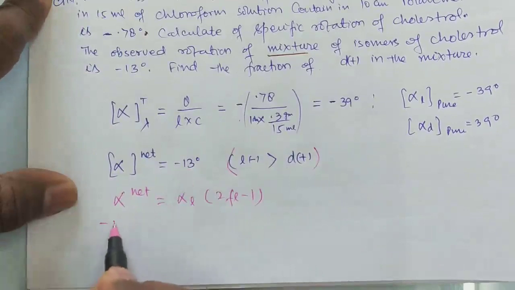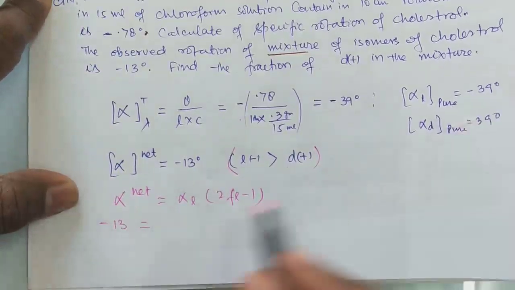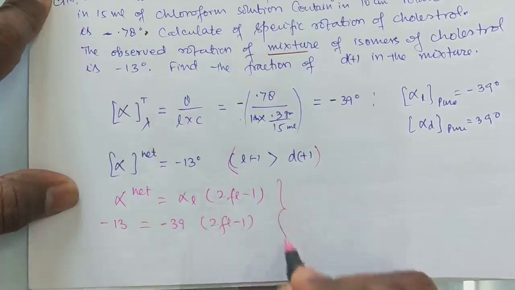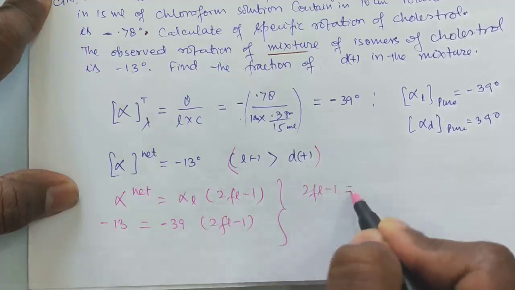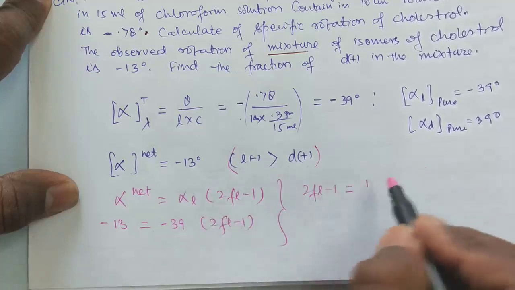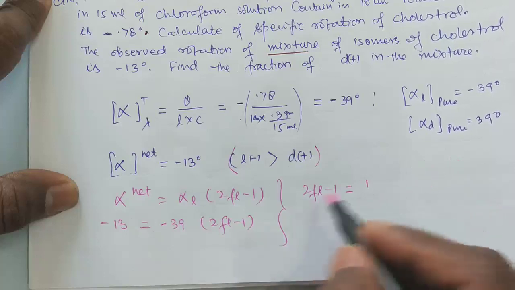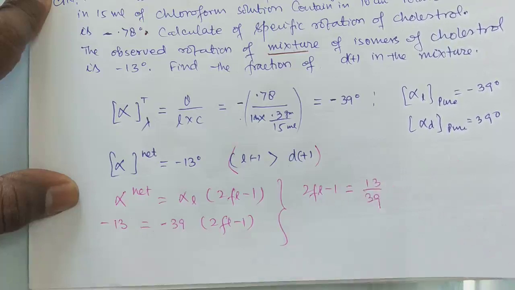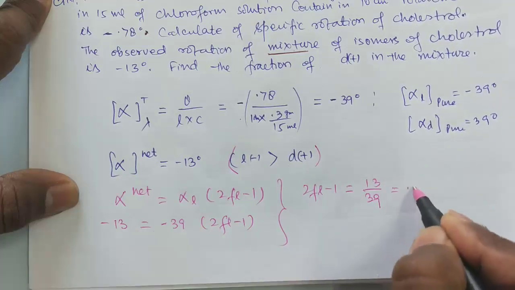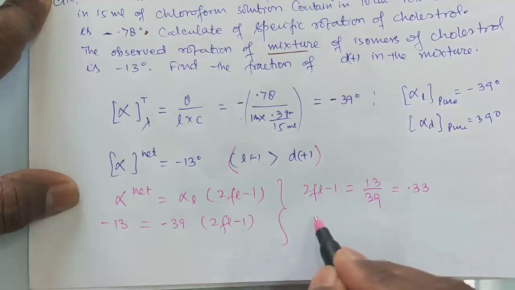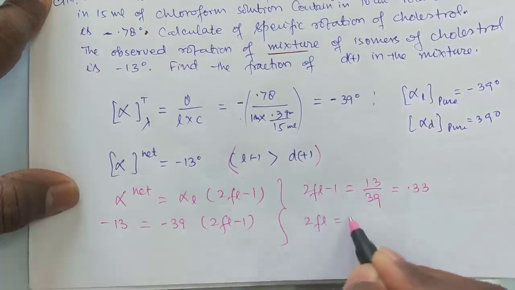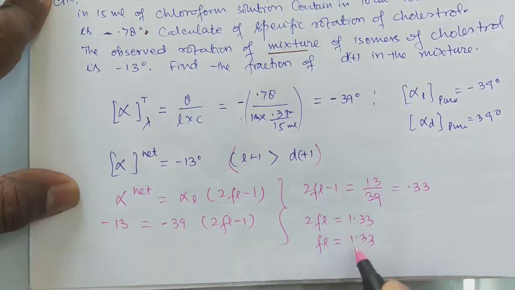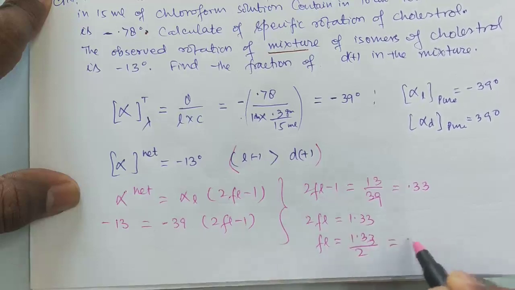Alpha net is minus 13, equal to alpha L, which you calculated as minus 39, into 2FL minus 1. Now you can write 2FL minus 1 is equal to 13 by 39. So 13 by 39 will come 0.33. So 2FL is equal to 1.33. So FL is equal to 1.33 by 2. So it becomes 0.66.